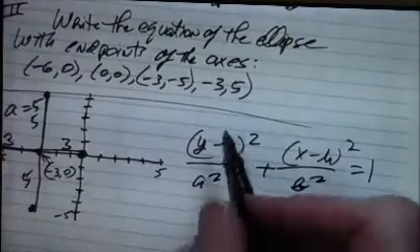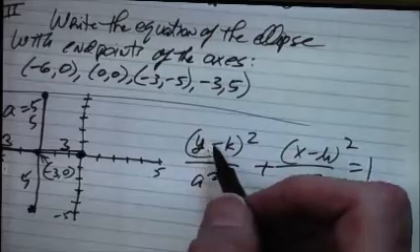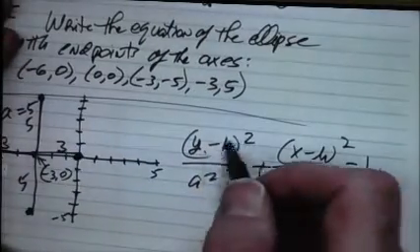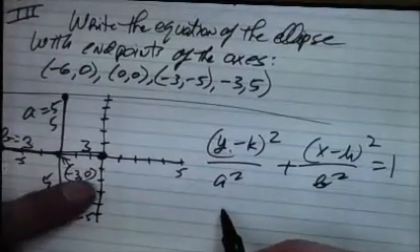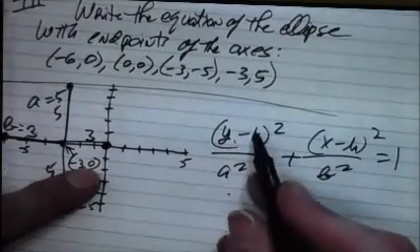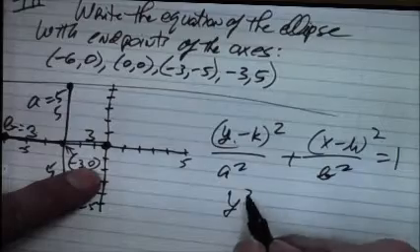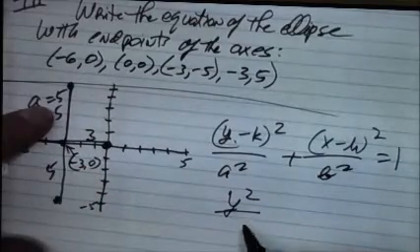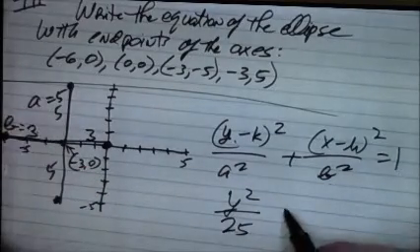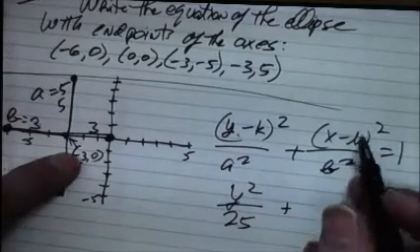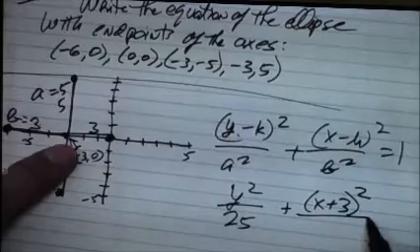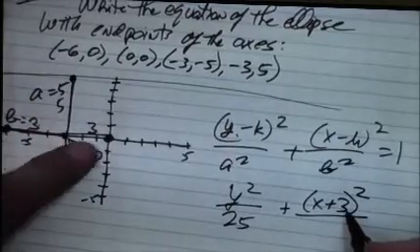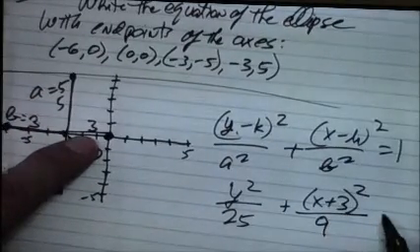If it's vertical, the y is the one that has to come over the a squared. So I know that the k is 0, so y minus 0 is just y squared, and the a is 5, so it's 25. Plus, here it's x minus -3, which makes it x plus 3 squared. And the b is 3, so squaring that is 9.